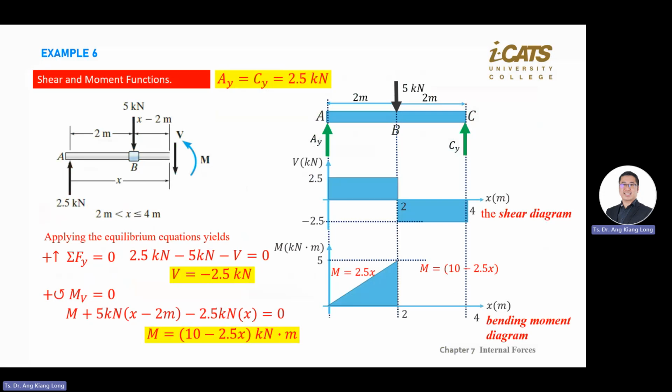This one you should be able to see. This is y equal to mx plus c. The m is negative, c is positive 10. So you substitute your x. When x is 4, you get 0, right? 10 minus 10, 0. So you get the first point here. And if you really want to know the value when x is 2, it is 5, right?